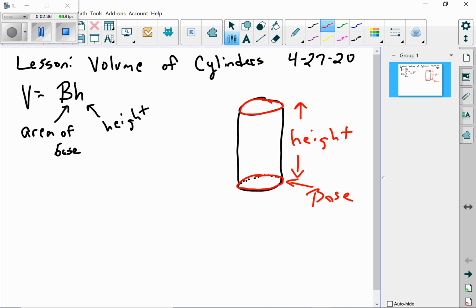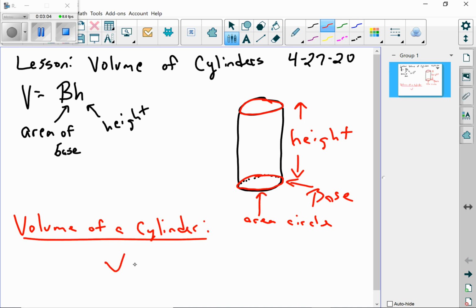So if I want to find the volume of this Pepsi can, what I have to do is find the area of the base circle, and multiply that times the height of the can, which means the volume of a cylinder is found with the formula V equals area of a circle, so pi times r squared, right?